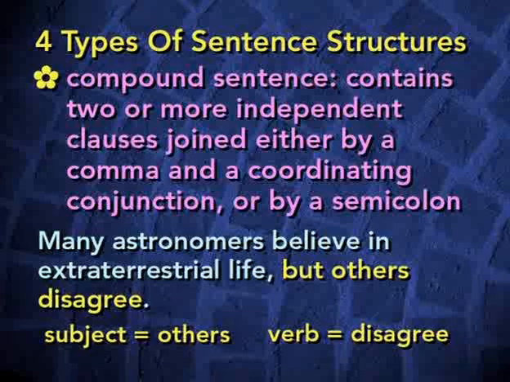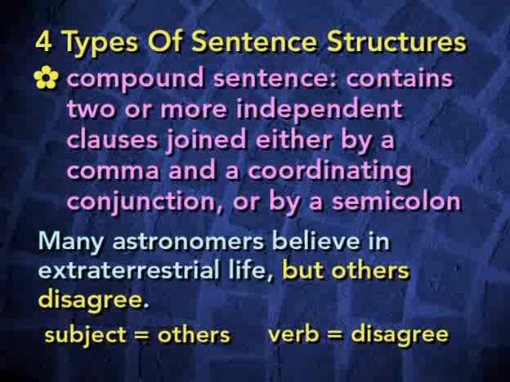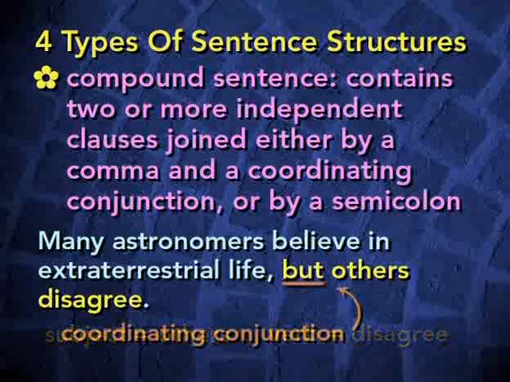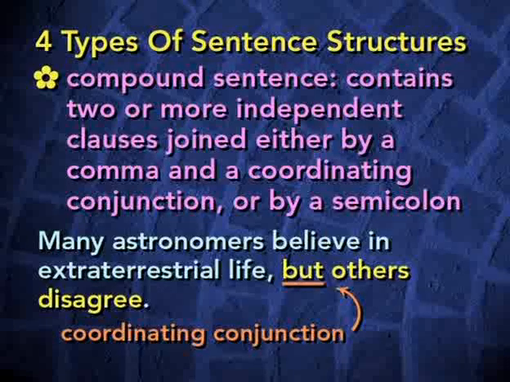So this could have been set up as 2 separate sentences. But because the ideas are closely connected, the writer wanted to link them. How did he do it? By using a comma and the coordinating conjunction but. Putting that comma and the word but in there makes it easy to connect the 2 clauses to form one sentence, namely a compound sentence, because it's made up of two independent clauses.